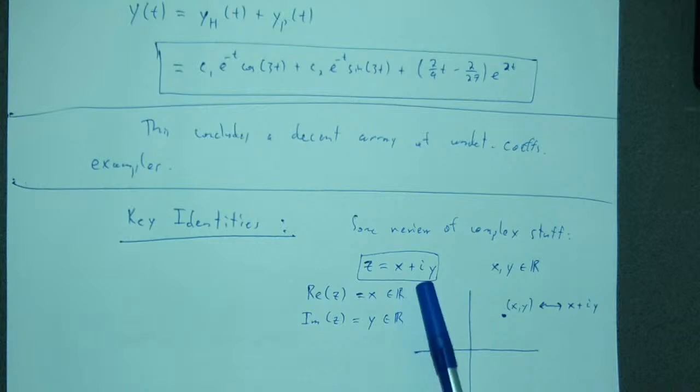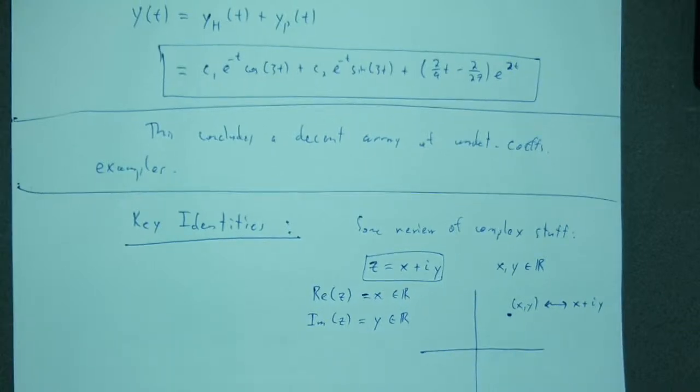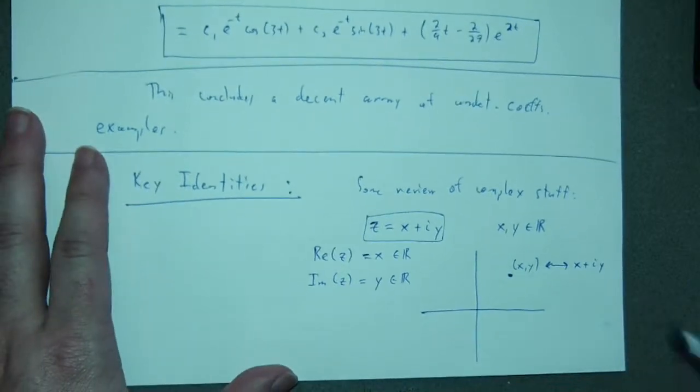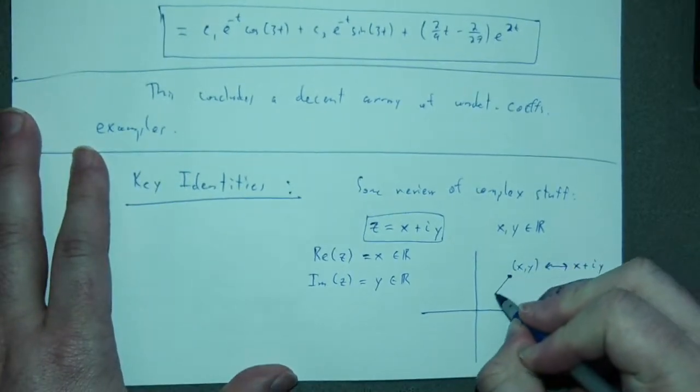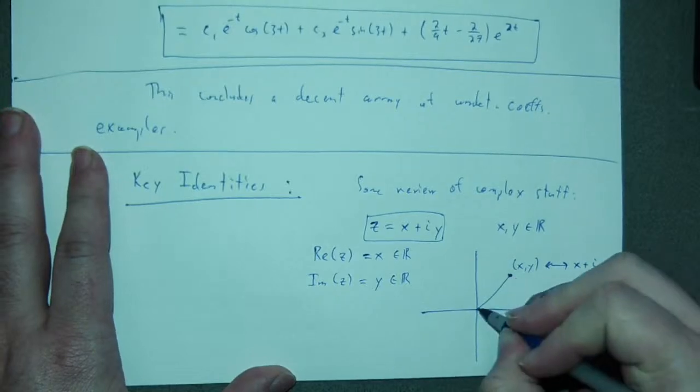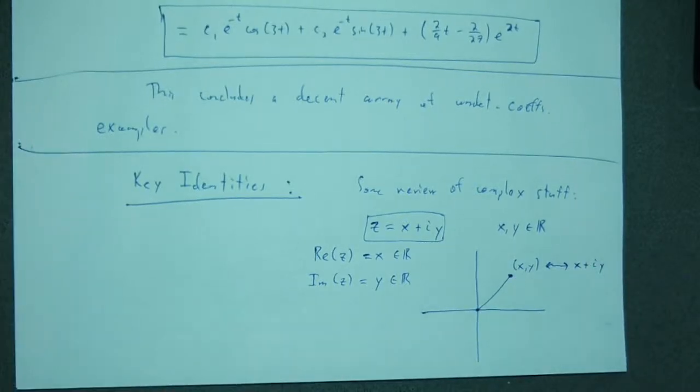Now, thinking of a complex number in terms of the plane, there's some geometric data that I can consider. For instance, I could consider the distance from this point to the origin. What is that distance?